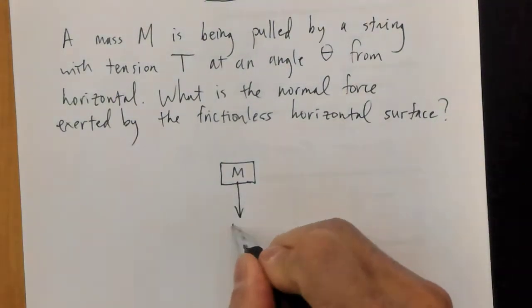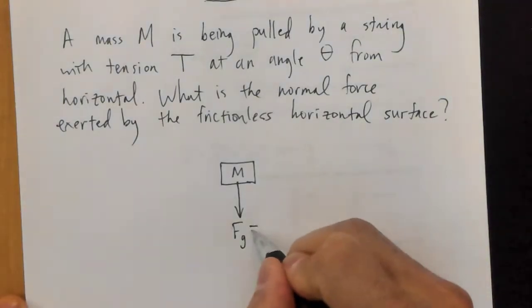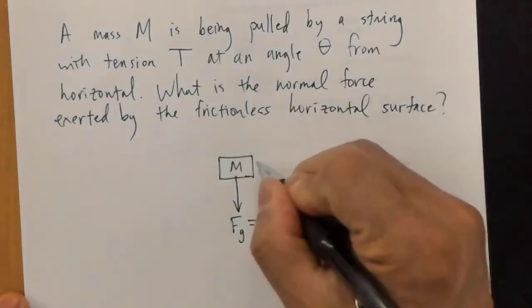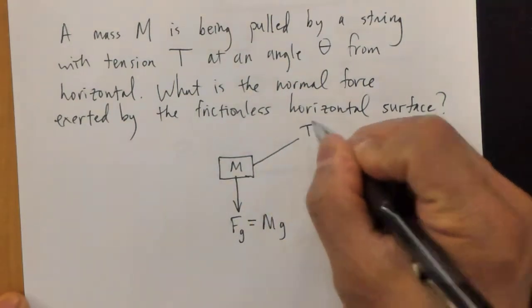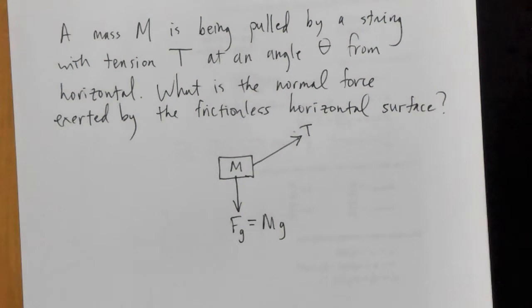So that's Fg. And we already know the value of the gravitational force on the surface of the Earth. It's capital M times g. What's another force? Tension. So we have this tension going like this. And we're interested in what's happening to the mass, and it's pulling in that direction. So remember, tension always pulls on both ends.